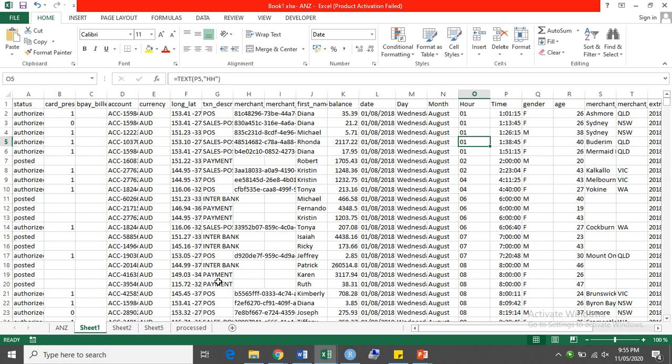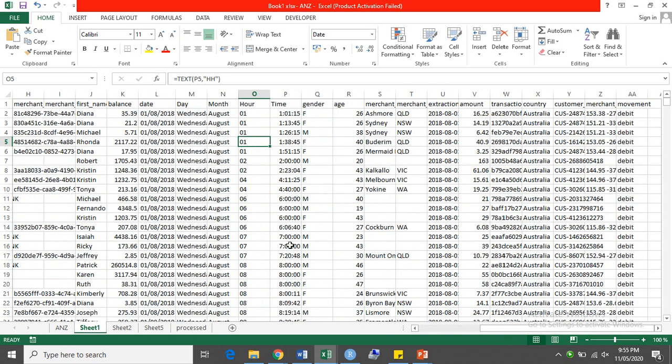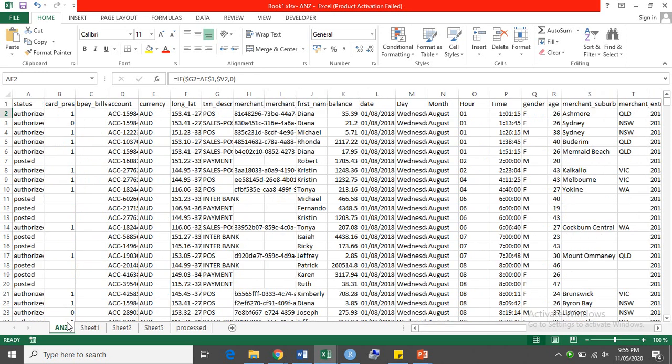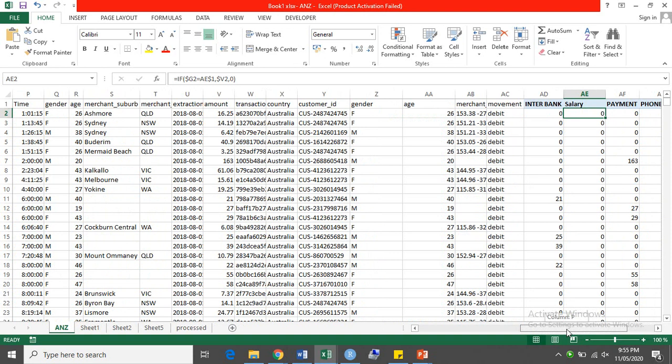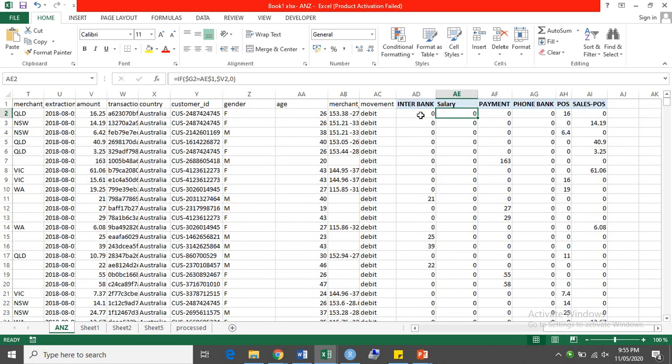And what changes I made further for my analysis: for simplicity, I made two more sheets, and in this sheet I divided the transaction types according to the customer IDs, and here we can see which kind of transaction took place on which date and at what time exactly.